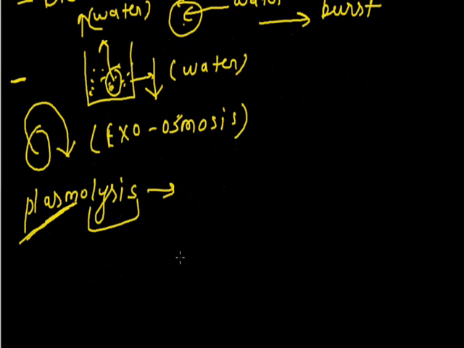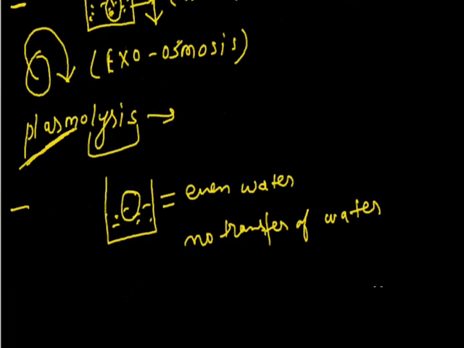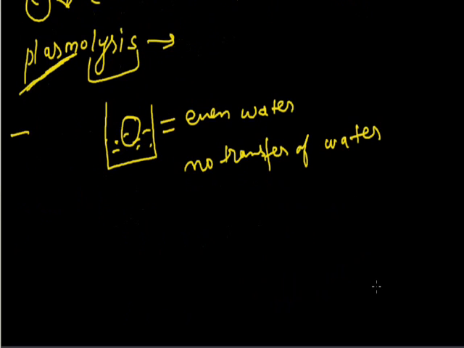Next process: if I put the cell in a medium in which the medium and cell both have even water, and if there is no difference in the amount of water, I can simply say that there will be no transfer of water, because both the mediums have an even amount of solvent.